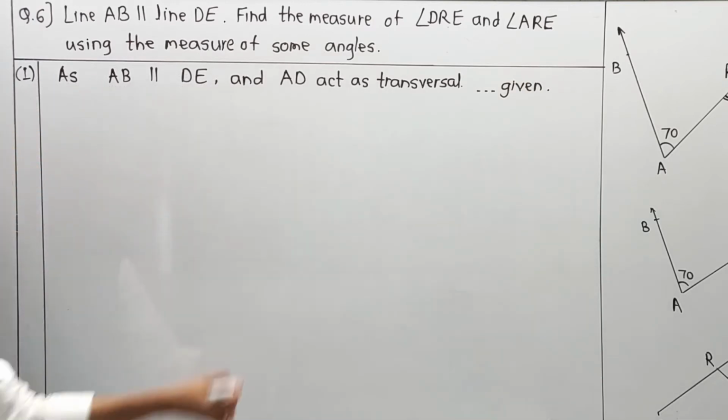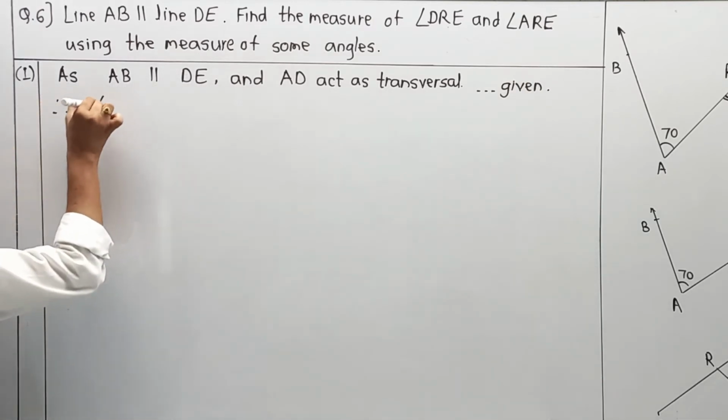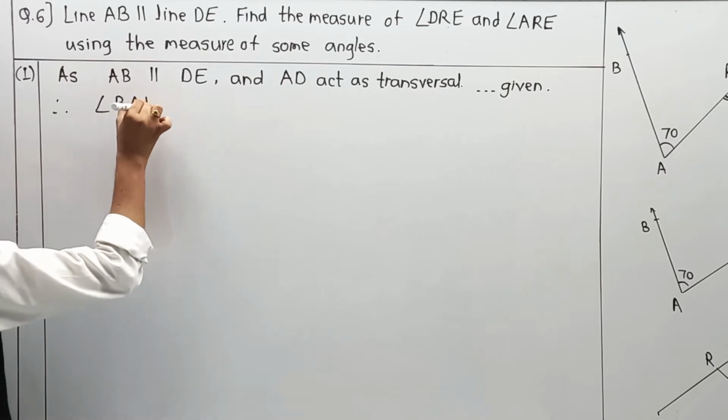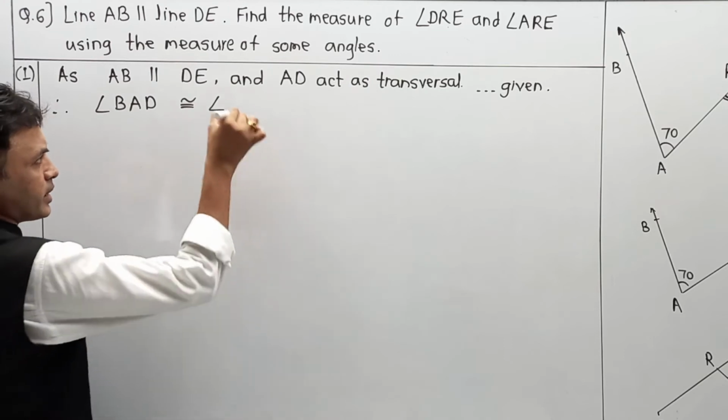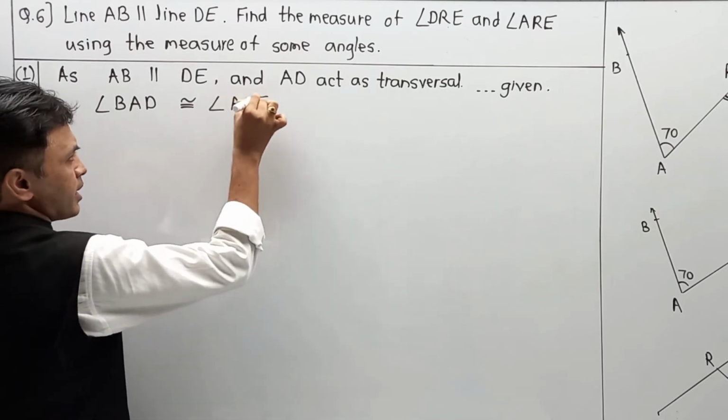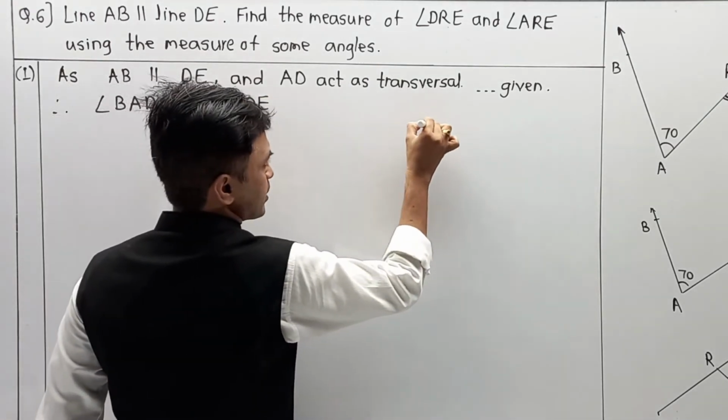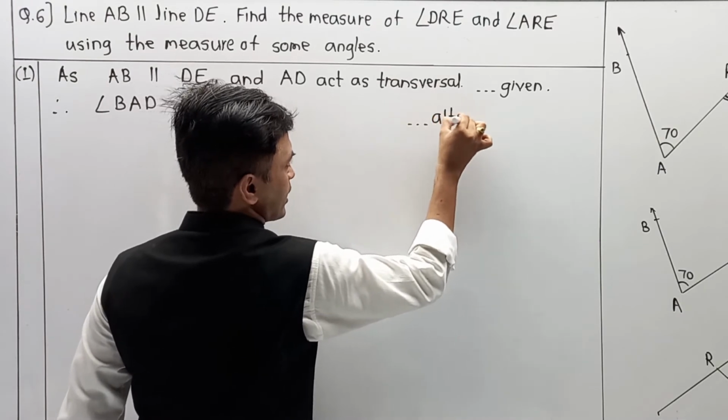Naturally, therefore, angle BAD is congruent to angle ADE, and reason becomes alternate angles.